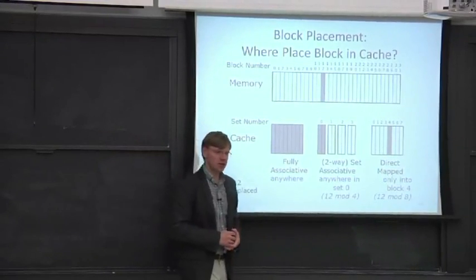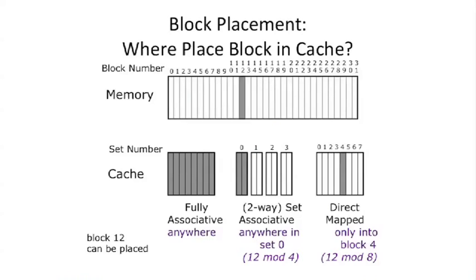To give an example, something like your Core 2 Duo, I believe, has a 64-byte cache line or cache block size. Some people have tried to push that up, and there's reasons to make it larger or smaller, but we'll talk about that in a second. So let's take this highlighted location here, block number 12, and let's see where it can fit into different types of caches. So we have 3 different types of caches here.